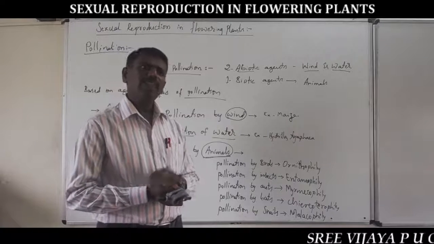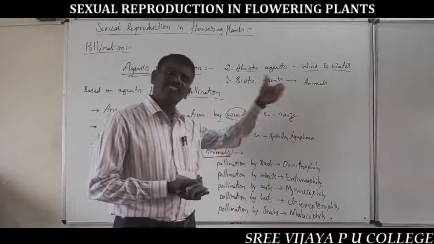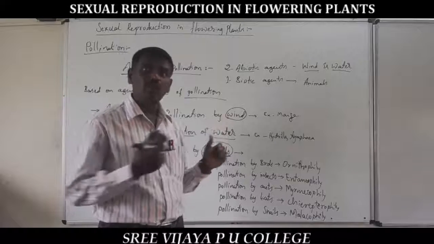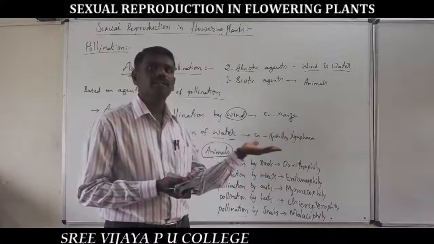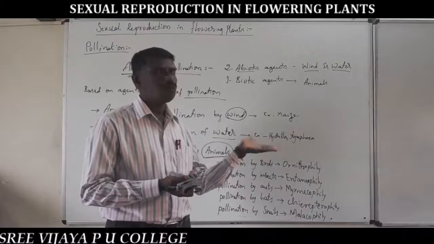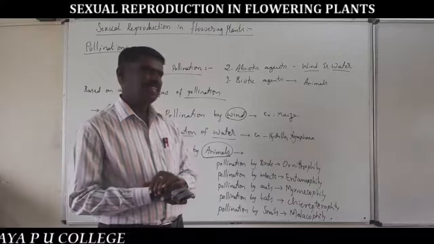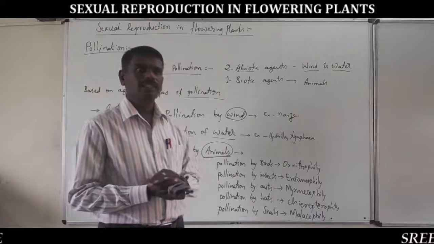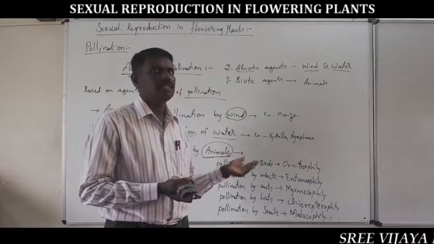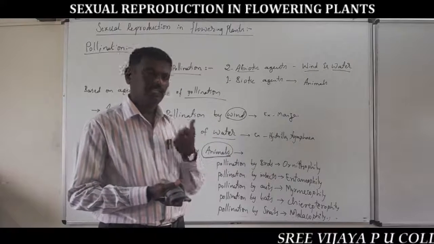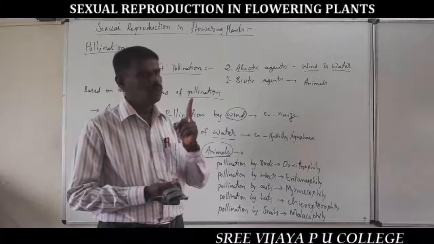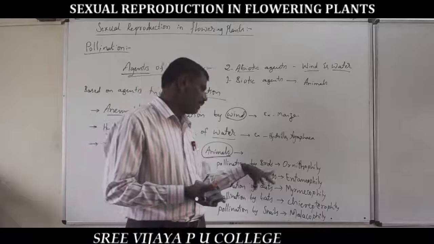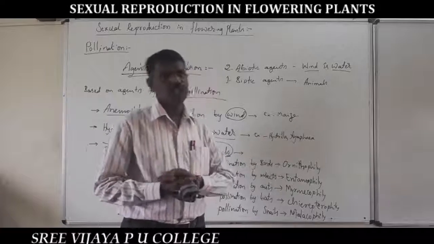If the same animal visits another flower, the pollen grains on its body may fall on the stigma of the other flower. Thus the pollination is completed, as the pollen grains of one flower are carried to another flower.